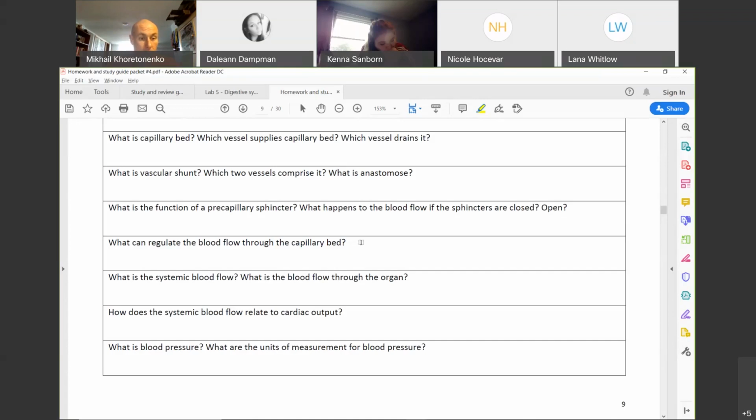Hormones. Systemic blood flow. Systemic blood flow is the blood flow through the entire systemic circuit. Volume of blood that goes through the entire systemic circuit in 1 minute. So essentially, systemic blood flow here is equivalent to cardiac output.